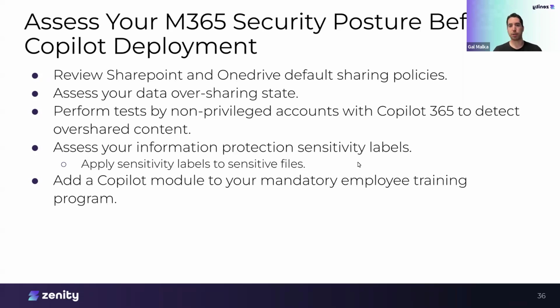You can just go ahead and create unprivileged users, maybe one of each role in the organization, and just try to ask Copilot questions, use different prompts to see if you get access to files and sensitive data that you shouldn't see. And from that, you can assess your oversharing status from the perspective of Copilot.